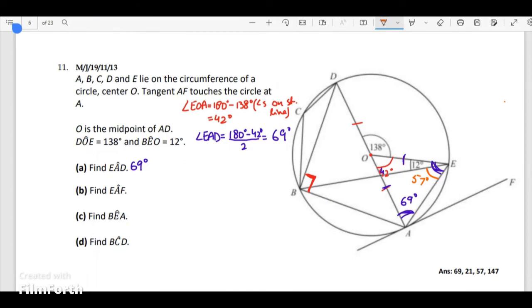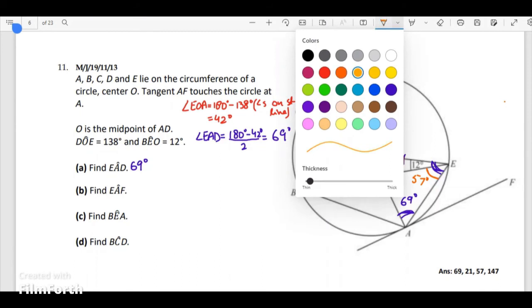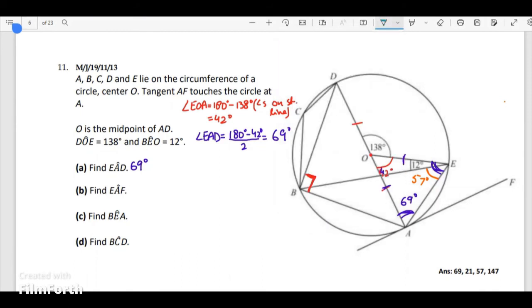Next, I have to find EAF. EAF, which is this triangle, this angle right here. Now, this is the radius OA, I know that, and this AF is the tangent. So the angle between radius and tangent is always 90 degrees. So this would be 90 degrees.